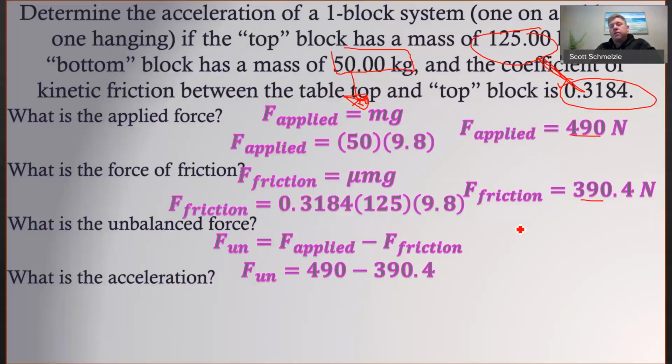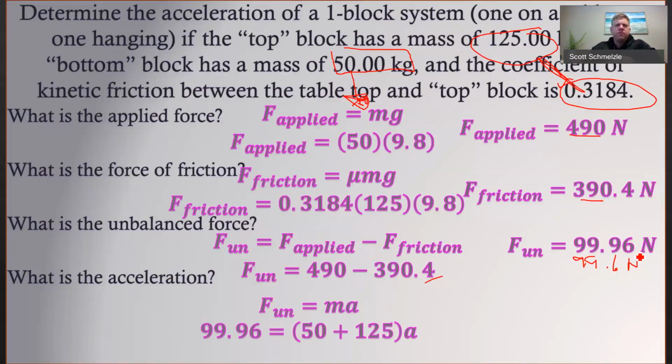So to calculate the unbalanced force, we take 490 minus 390 point. Oh, wait, that's weird. I must have forgotten a zero in here or something like that when I calculated that. That's not right because this is supposed to be 99 based on my numbers here. 0.6 newtons. Okay. Ooh, that's weird. I'll have to look at that again.